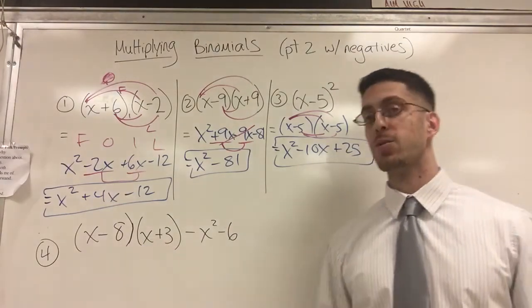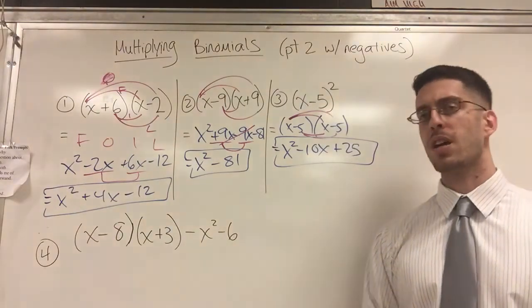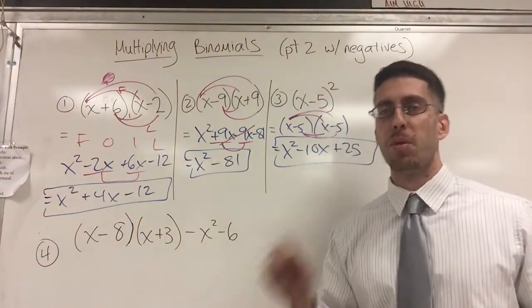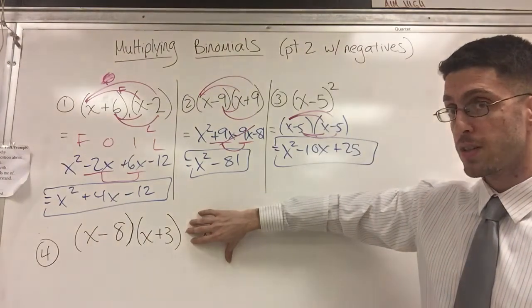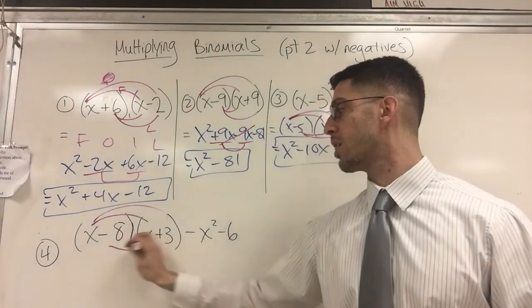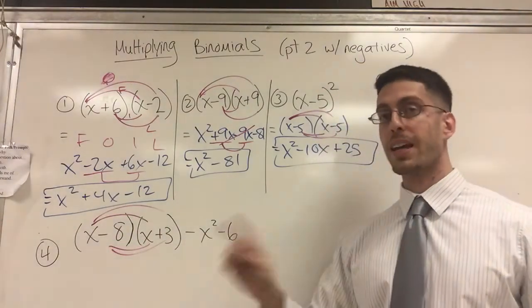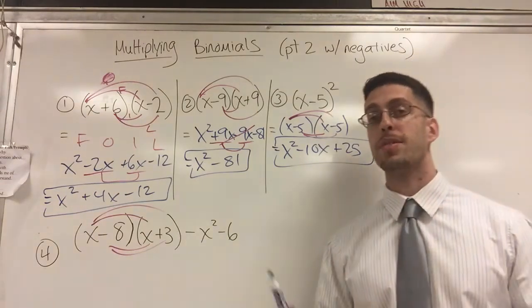All right, last one. What would you do first here? Something crazy like this. I would say, that's crazy, can't do it, I give up. No, hide this. Not so crazy, is it? FOIL, that's what I would do first. First, outer, inner, last. Again, I'm not going to show my work because I want you to do this one on your own. I'm just going to show you what happens at the end.